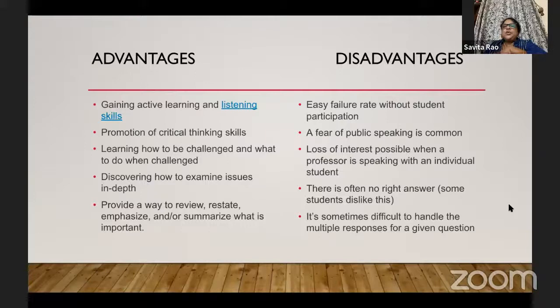When there are multiple different responses, it becomes difficult, because the whole process of Socratic questioning is one question leading to the other, and then another question and another. So if you have multiple answers, you will find multiple pathways, which can become complicated. That is one of the other disadvantages.